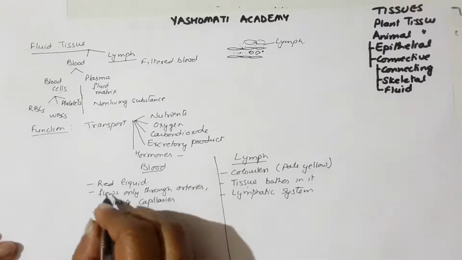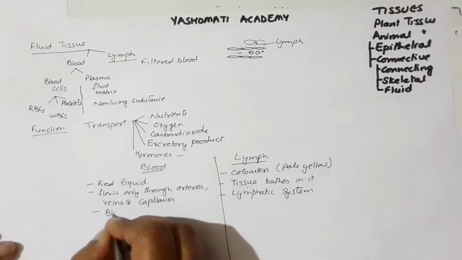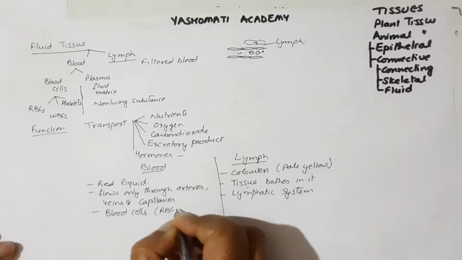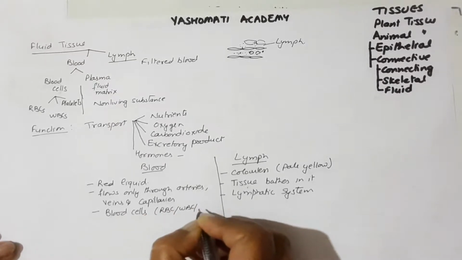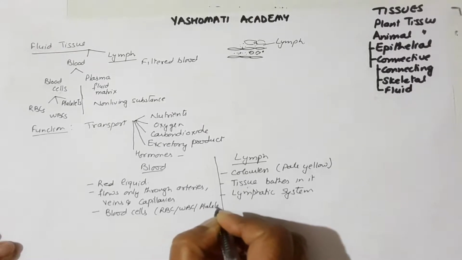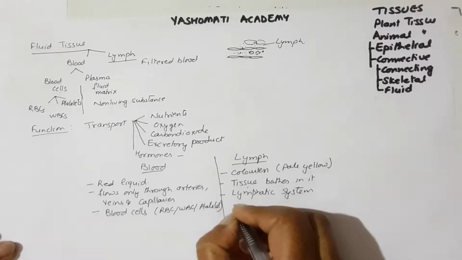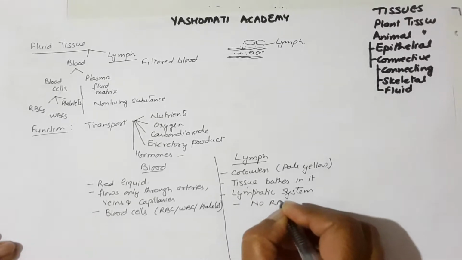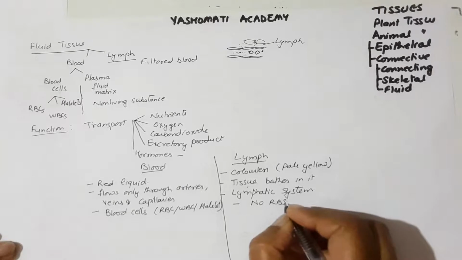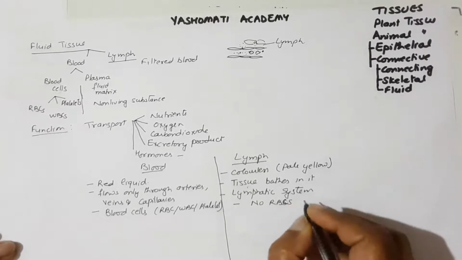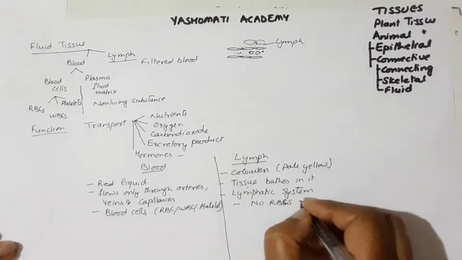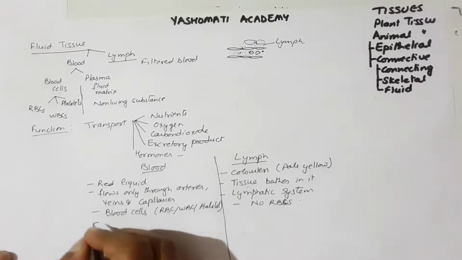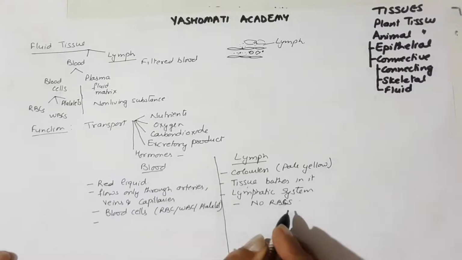And blood has blood cells, that is RBCs, WBCs and platelets, whereas lymph does not have RBCs, and because of that it is colorless. So what do we understand from this?